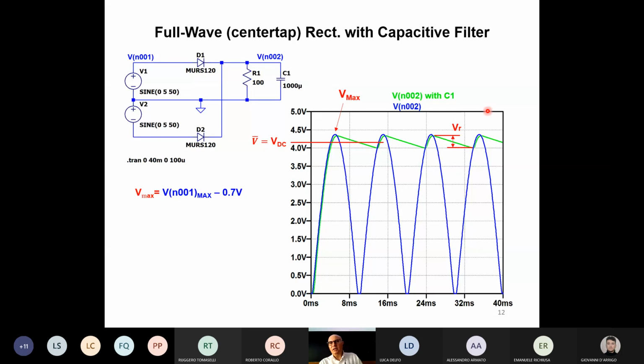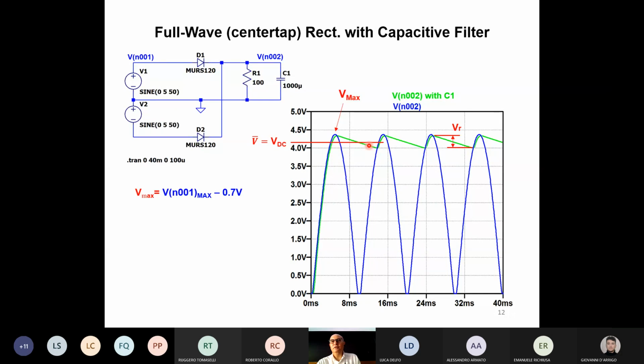These are some definitions that will be used in a short time, but not now, for trying to calculate the amount of this ripple. Basically, what we'll consider is this. We have the input voltage, which is the blue line.